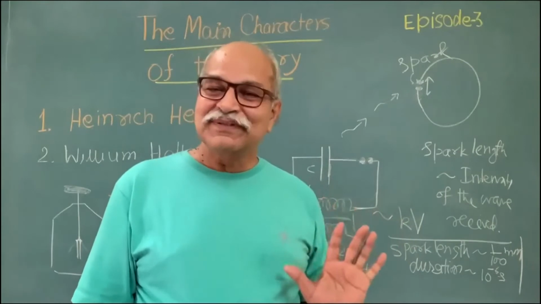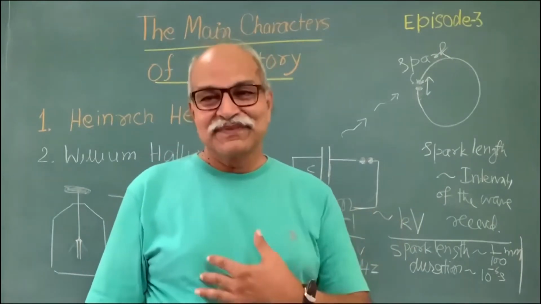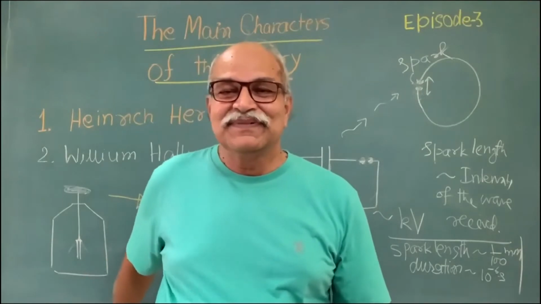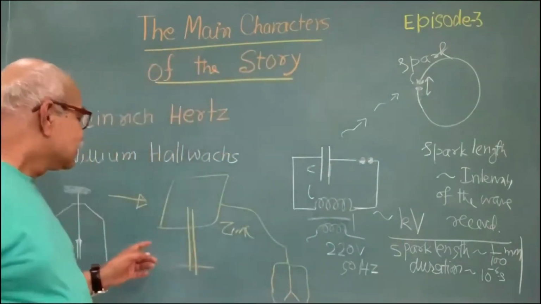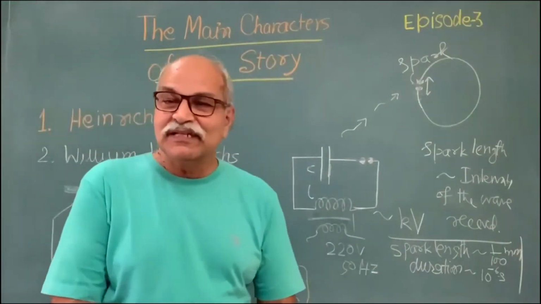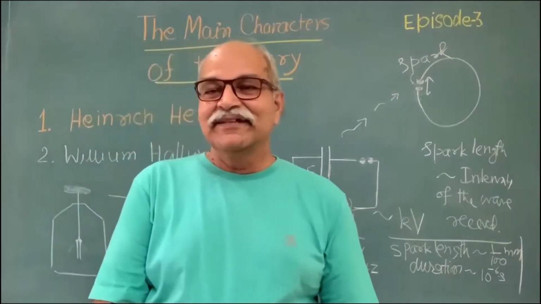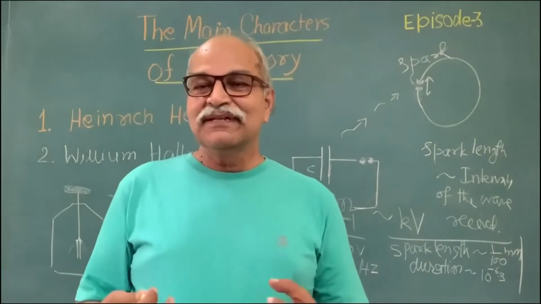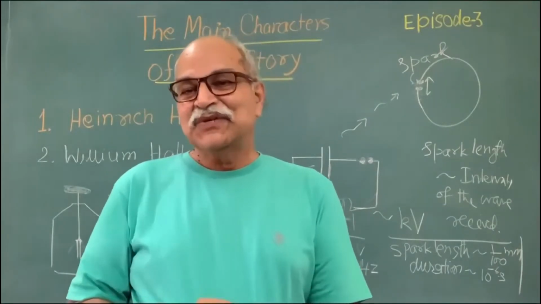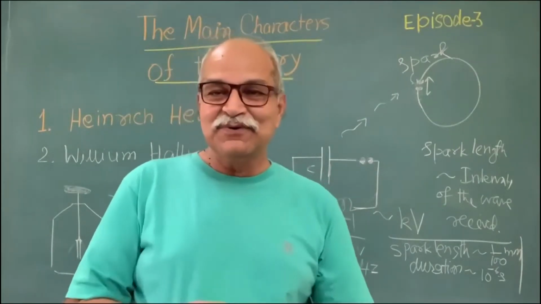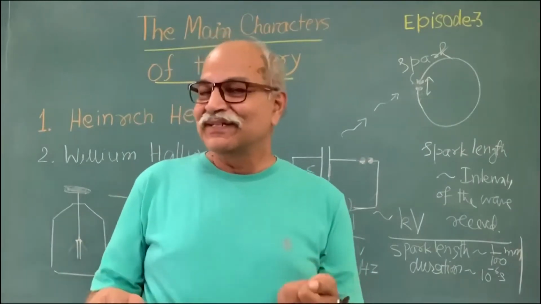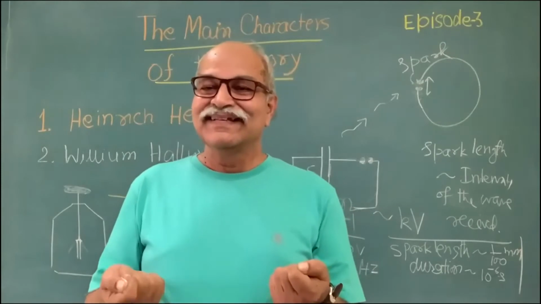We will talk about that in detail, but from today's knowledge, I am just talking of electrons. So when you rub two dissimilar materials, electrons are transferred from one to the other because of the different strengths with which they are bound to the atoms, and the two get positively and negatively charged.